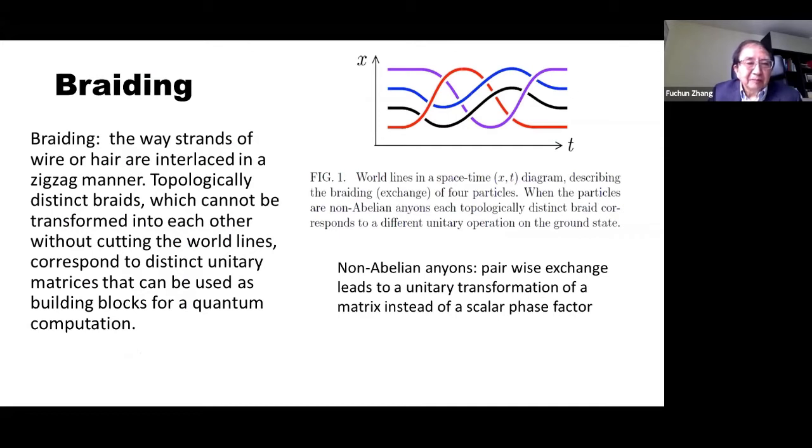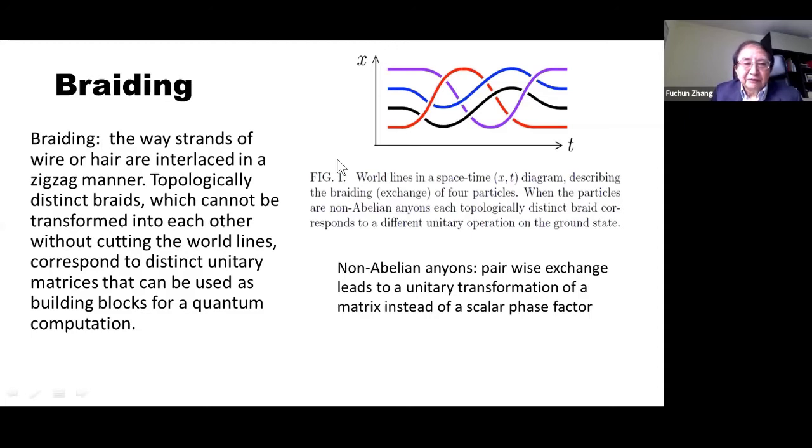And by braiding here, we mean the way strands of wire or hair are interlaced in a zigzag manner. And there are topologically distinguished braids, which cannot be transformed into each other without cutting the world line. This is the world line, that's time, and this is space.